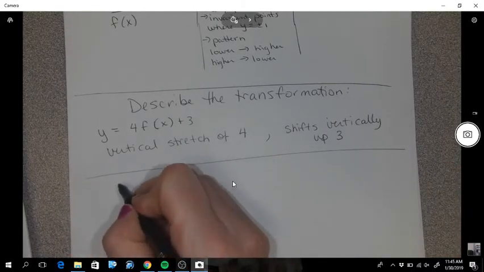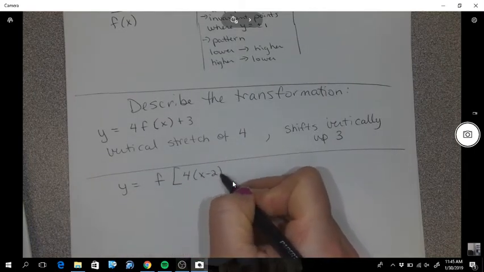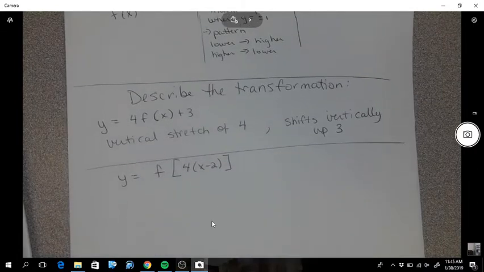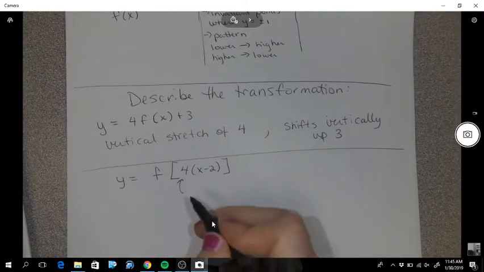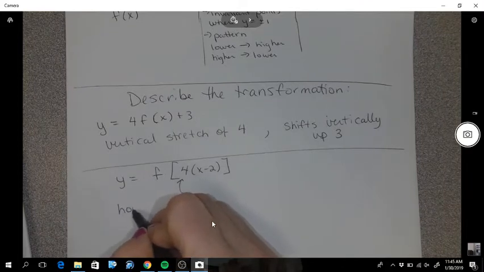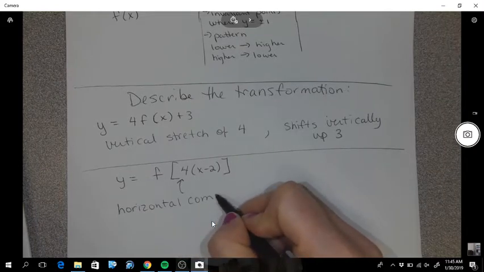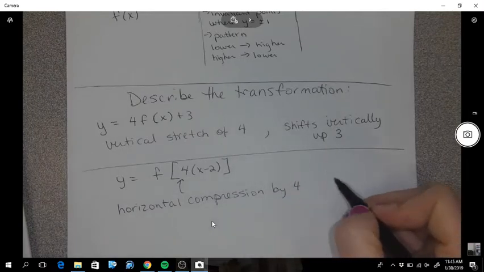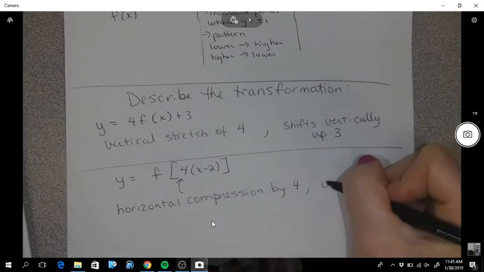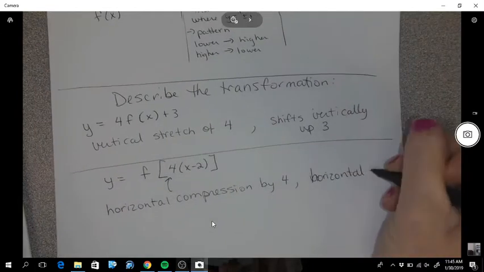Okay, what if I give you that? Okay, so your answer would be for the 4, it'd be a horizontal compression by 4 and a horizontal shift.